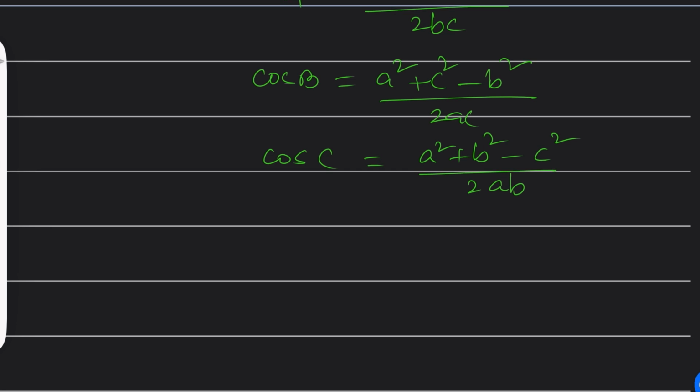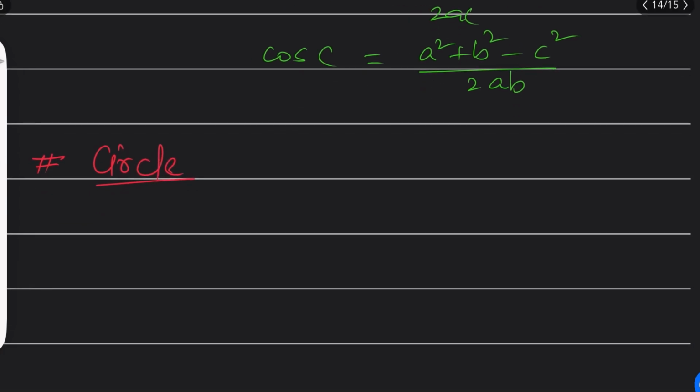Already we discussed the triangle. Now, let us discuss the circle. If I am talking about the circle in geometry, you can say it is the locus of a particle which is equidistant from a center, from a particular fixed point.